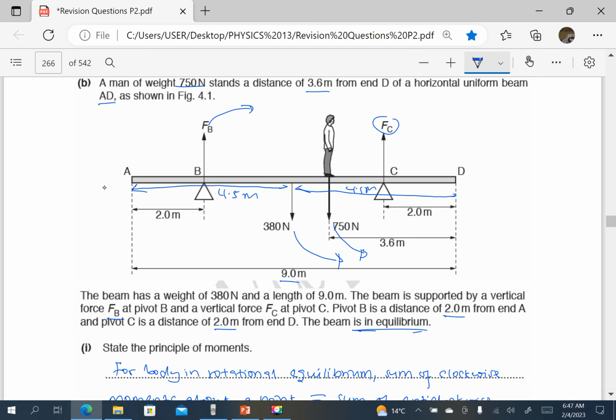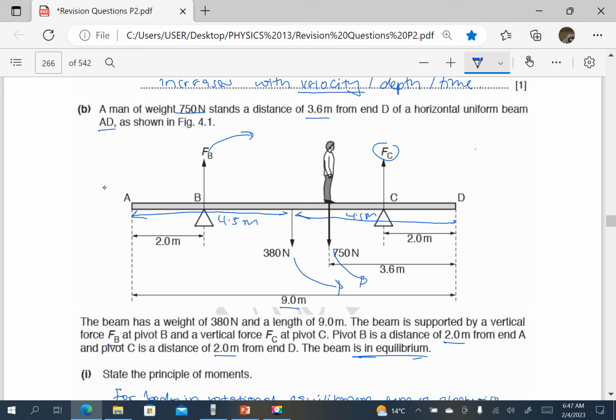So for clockwise moments, we have FB times its perpendicular distance, which is 9 meters minus the 2 on this end, again minus the 2 on the other end. So that is going to be FB times 5.0.